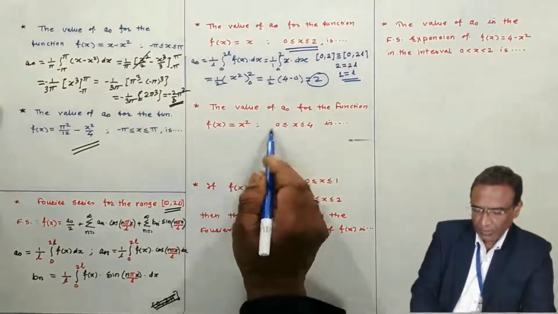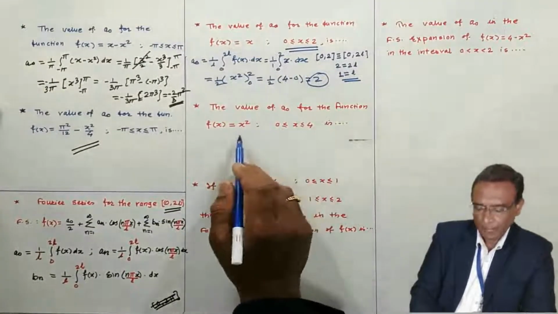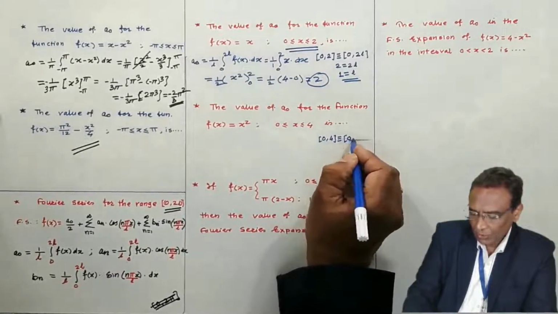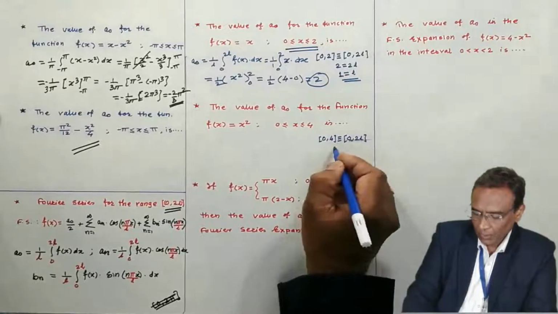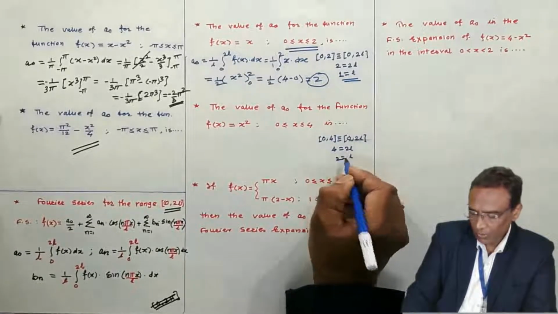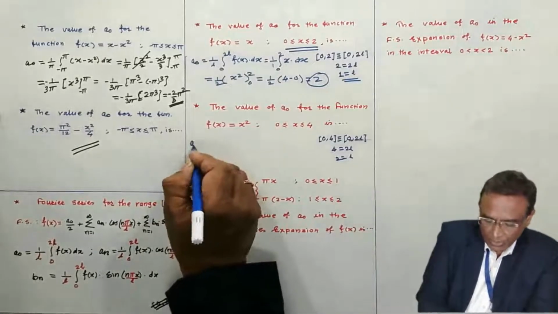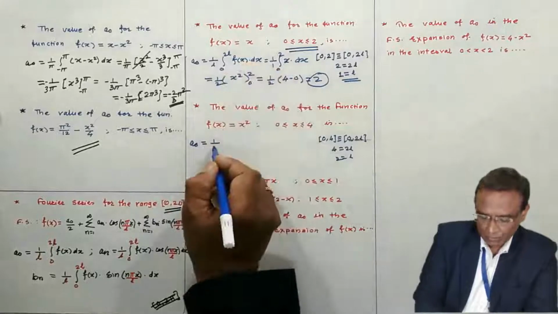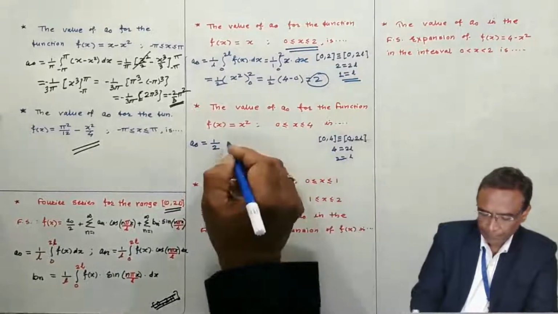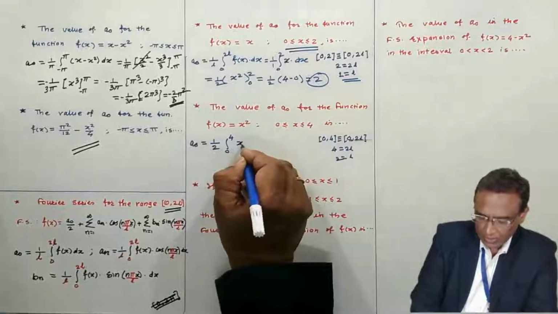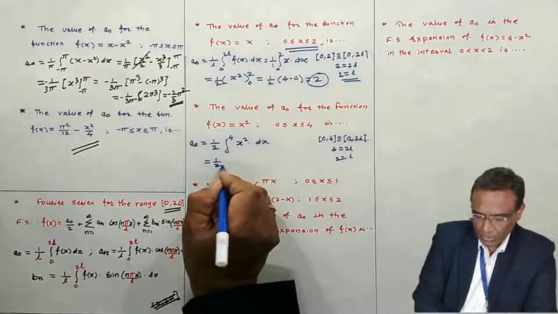Let's find the value of a0 for this function. This 0 to 4, you can equate with 0 to 2L, and 4 equal to 2L. So L equal to 4 by 2, which means 2. And what is the formula for a0? 1 by L, I am writing directly, 1 by L, 0 to 2L, f(x). Now, integration of this is what?